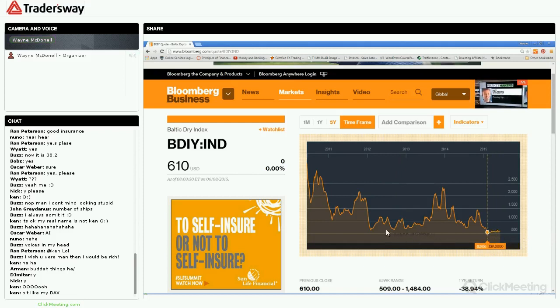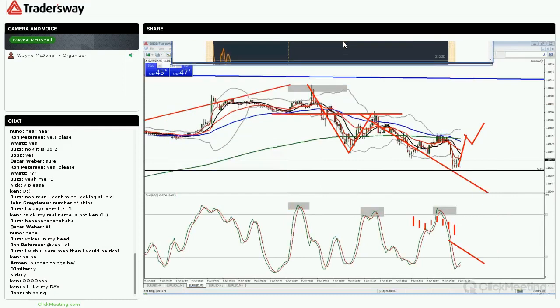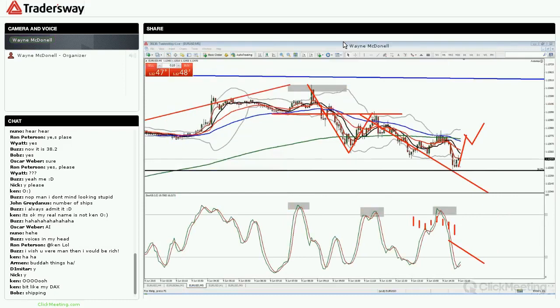So, what is a Baltic Dry Index? Well, the Baltic Dry Index is an index of the cost of shipping bulk dry goods like iron ore and coal, not computers, not Bart Simpson t-shirts and folding lawn chairs. It's raw material. It could be soybeans.